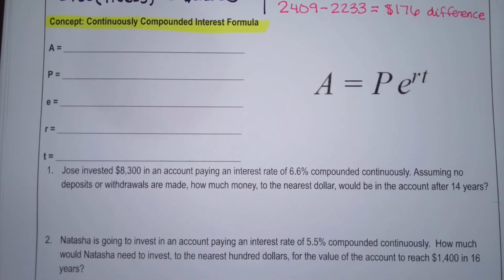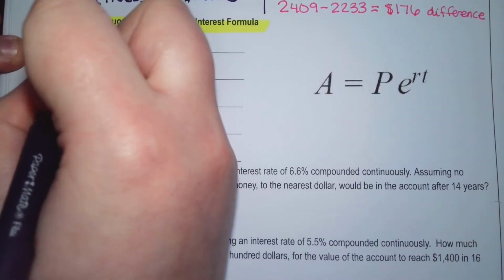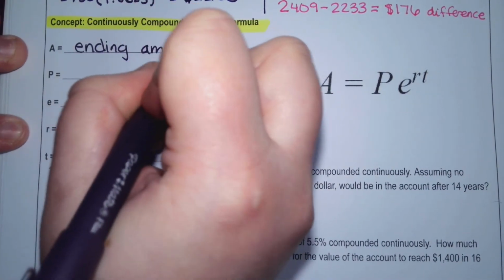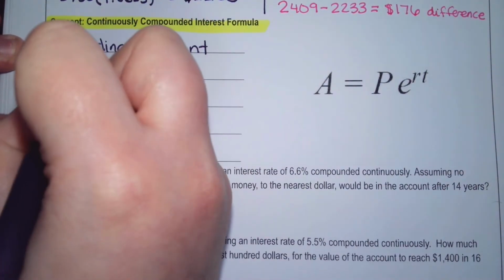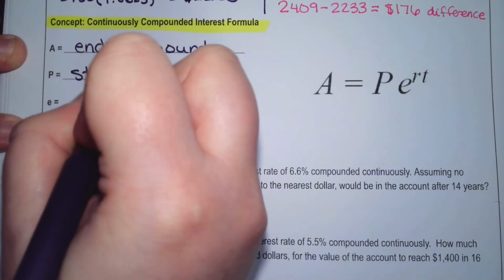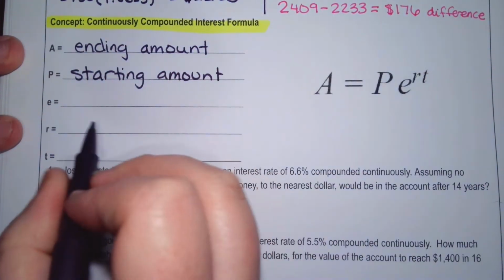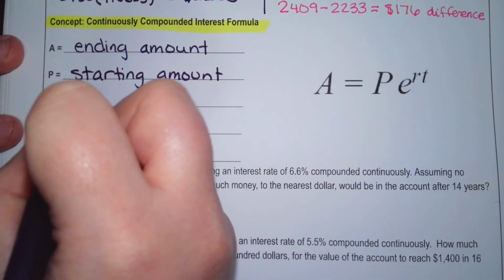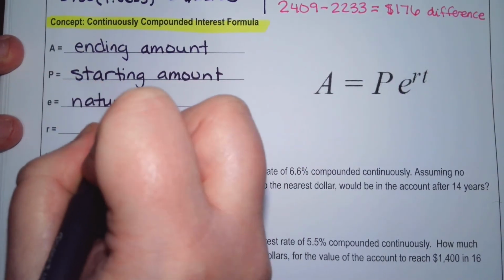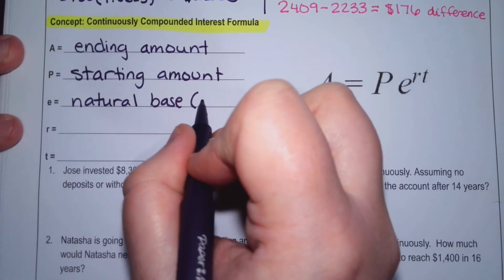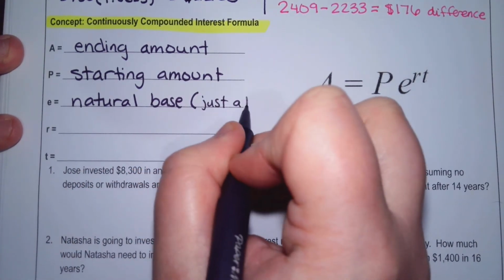So A, that is still our ending amount. P is our starting amount. All right, E is called the natural base, but it's just a number.